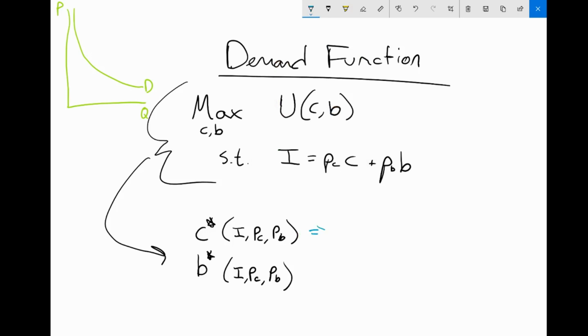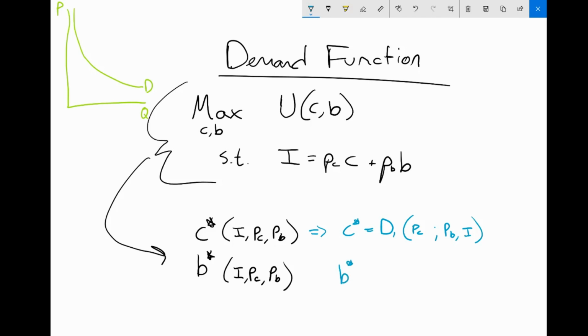So I'm just going to rewrite this. I'm going to say that C star is equal to a demand function that is a function of the price of coffee, and it has parameters, the price of bagels, and income.